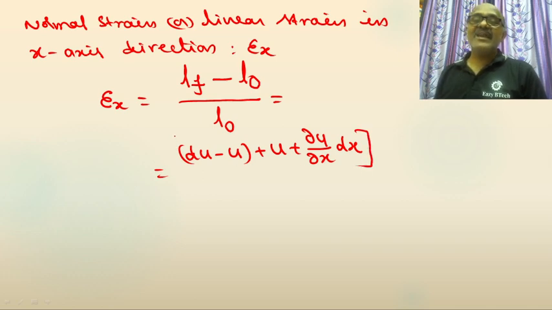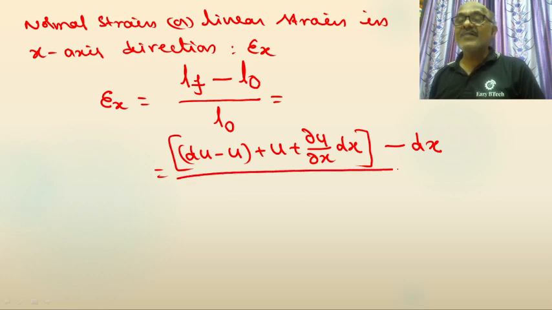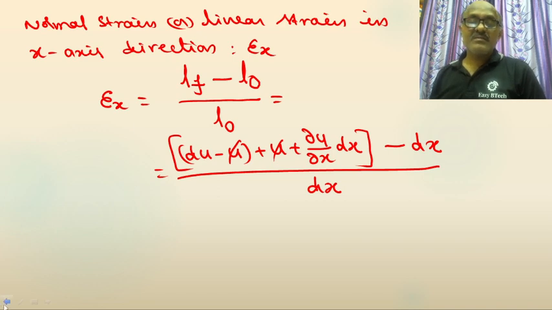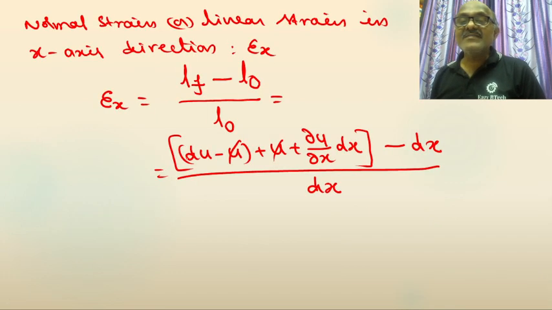This is the final length minus the original length of the line element AB, which is dx, divided by the original length of the line element AB, that is dx. So this one and this one cancel out here. Sorry, this is dx.